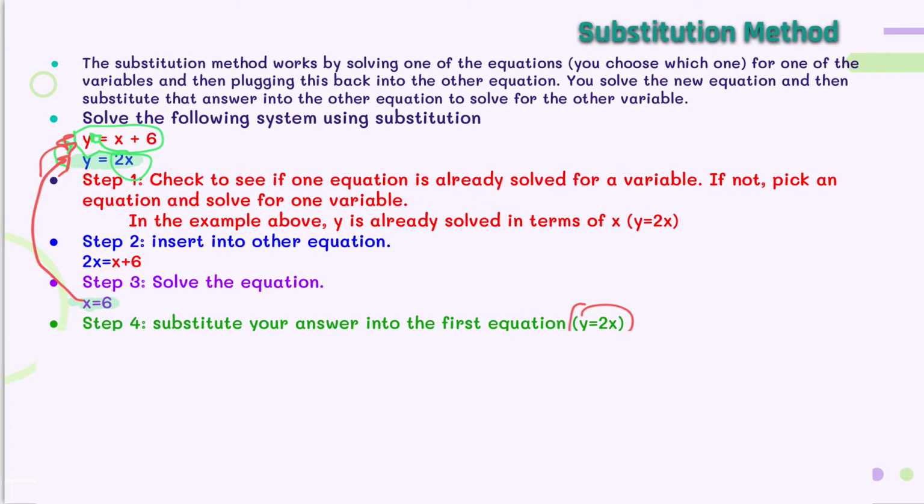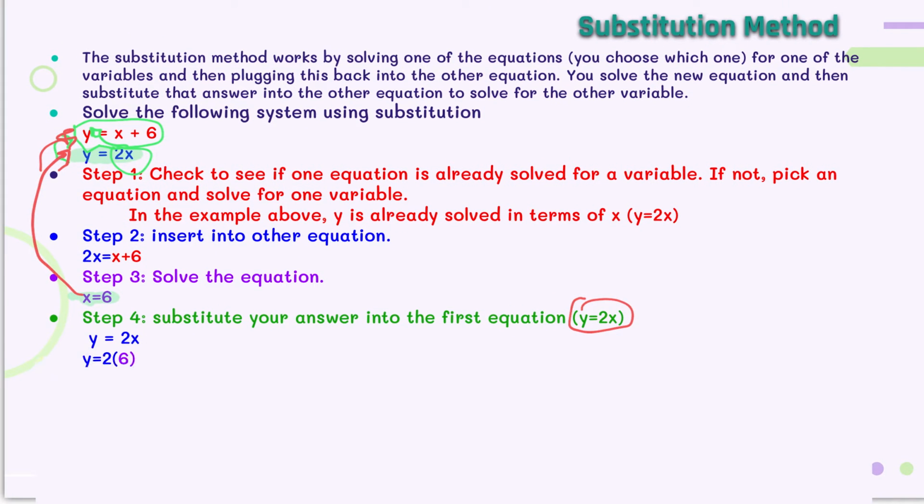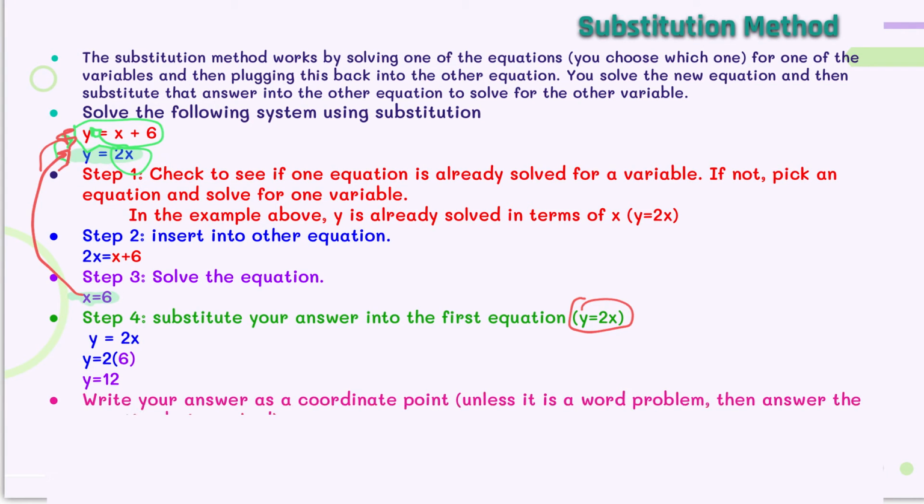And when I do that, I get y is equal to 2 times 6, so y is equal to 12. The next step is to write your answer as a coordinate point. Unless it's a word problem, then answer the question being asked. So as a coordinate point, I write it as 6, 12.